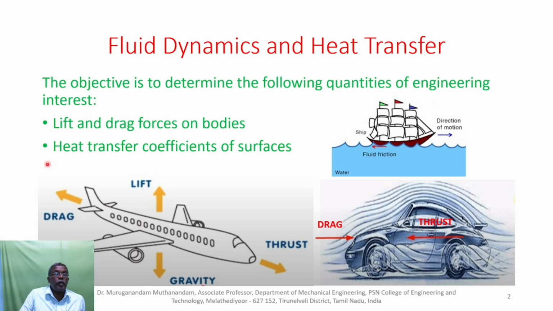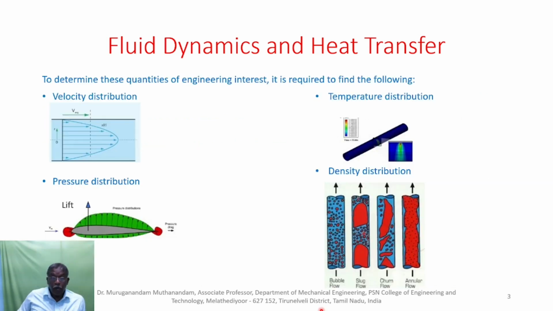In order to find these performance parameters, we need to first find the distribution of velocity, pressure, temperature, and density inside the fluid. These variations are found using the theory of fluid dynamics and heat transfer.